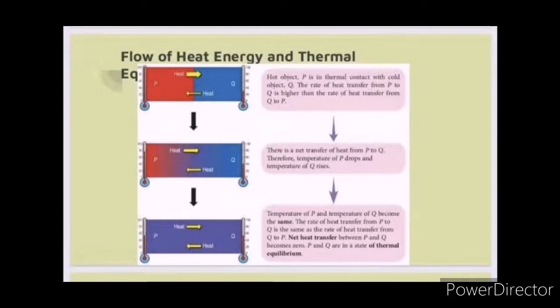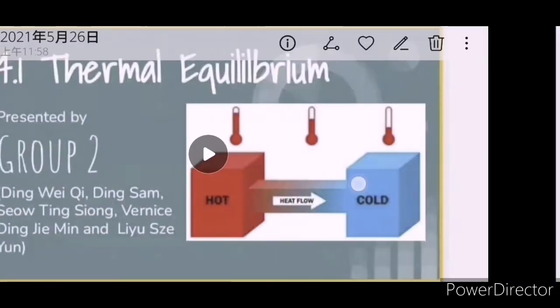The temperature of P and the temperature of Q become the same. The rate of heat transfer from P to Q is the same as the rate of heat transfer from Q to P. Net heat transfer between P and Q becomes zero. P and Q are in a state of thermal equilibrium.